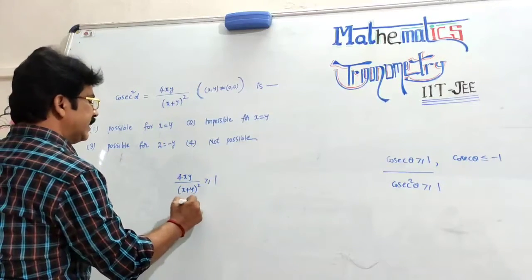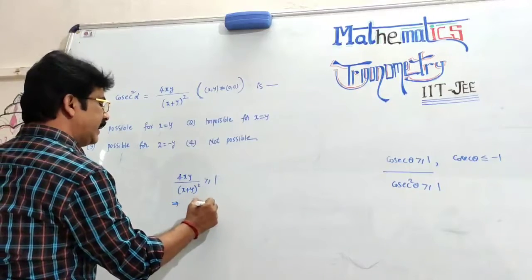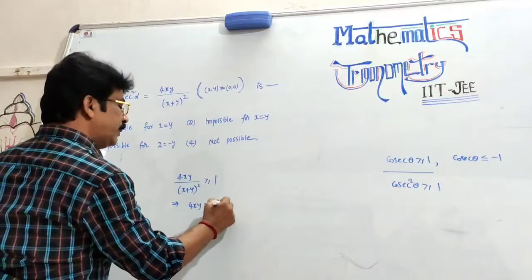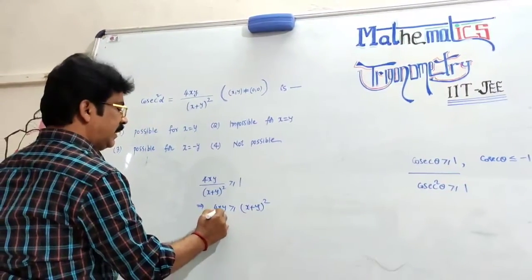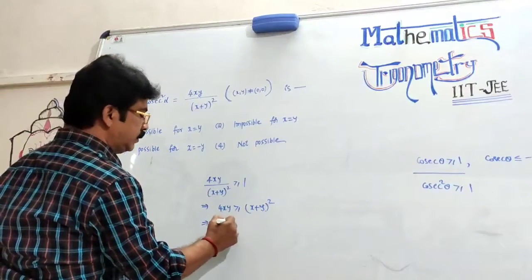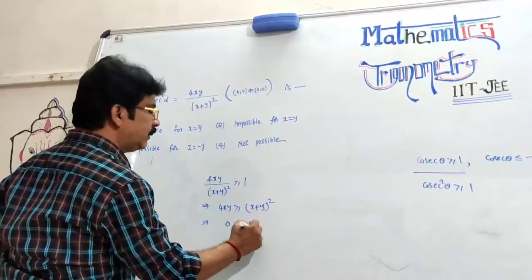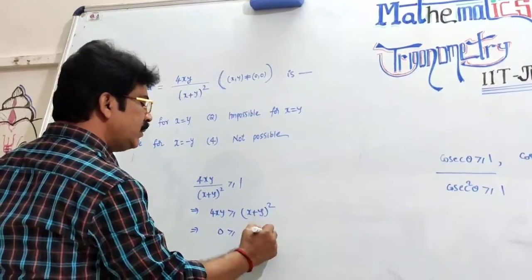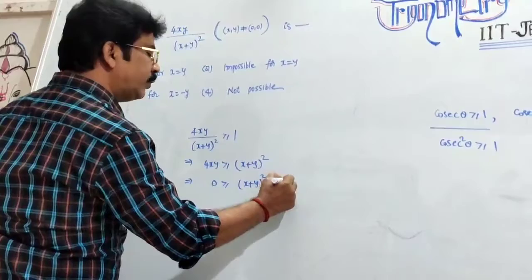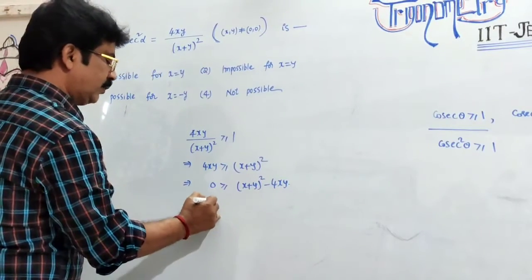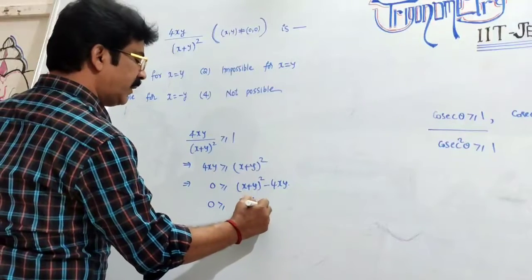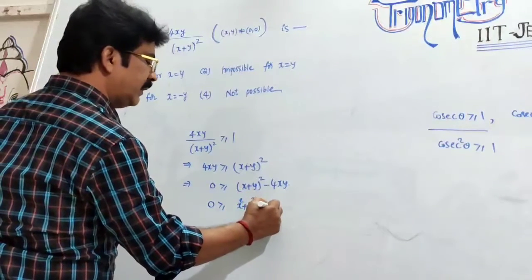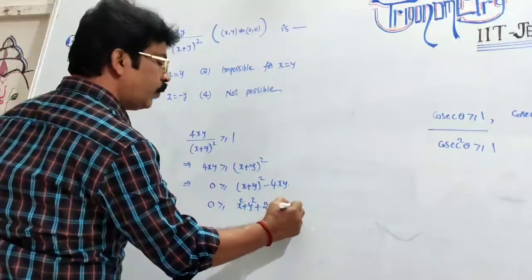So that implies 4xy is greater than or equal to x plus y whole square. Taking this to the other side, 0 is greater than or equal to x plus y whole square minus 4xy. So 0 is greater than or equal to x square plus y square plus 2xy minus 4xy.